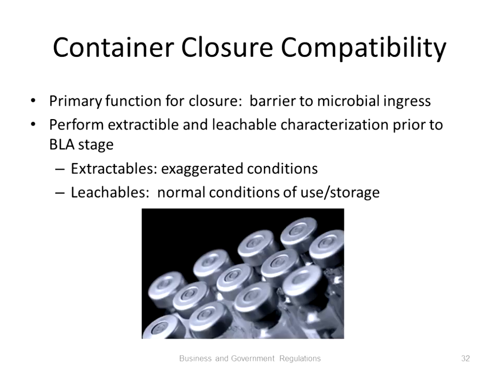Another thing that goes into the CMC is the container closure compatibility. So of course the container is the vial, and the intent of the closure, which is the stopper that goes in there, is to keep the bacteria away from your product, right? But when you use a different closure, you have to be worried about extractables and leachables.